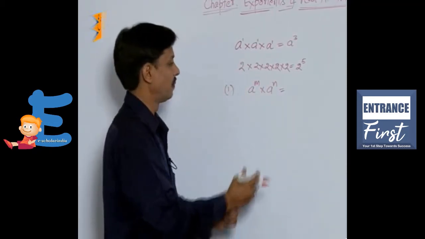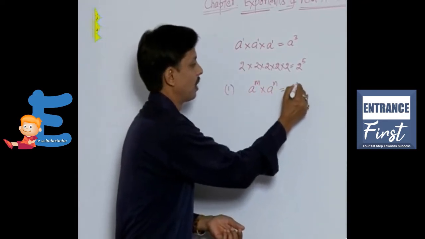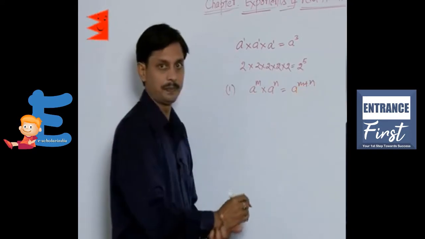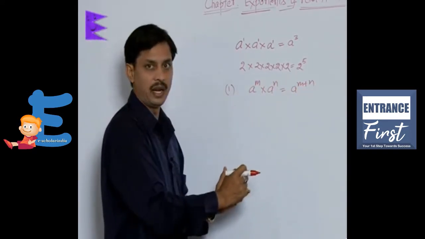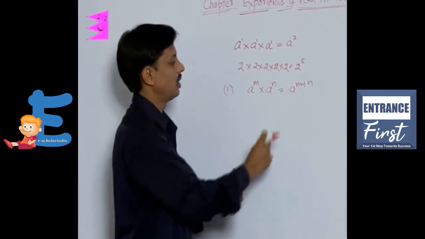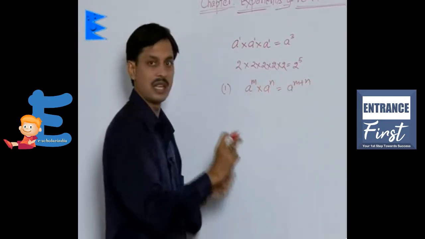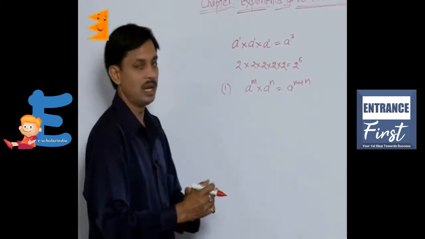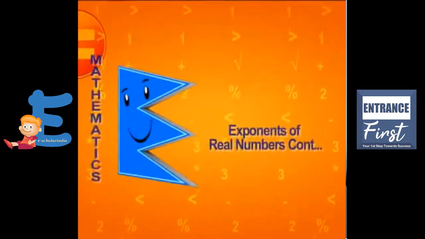So the answer is a to the power m plus n. When bases are the same and powers are different, then in the product the answer is the same base and the sum of the powers, m plus n, so a to the power m plus n. This is the first.